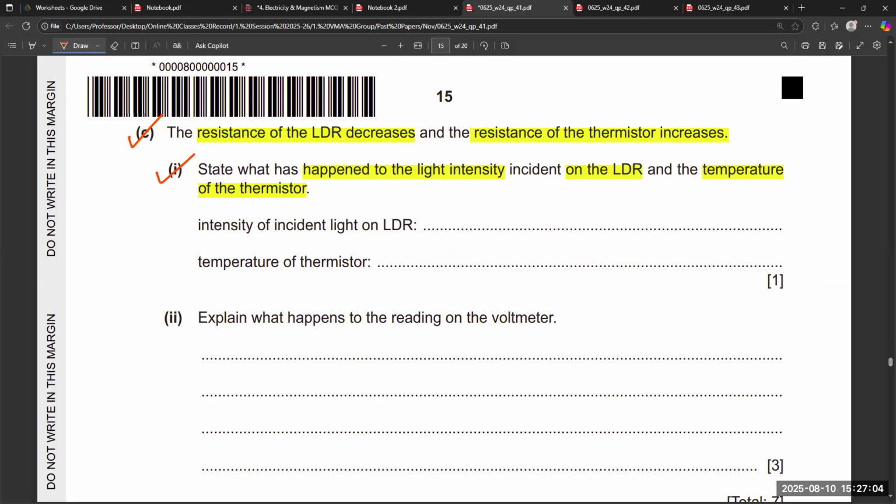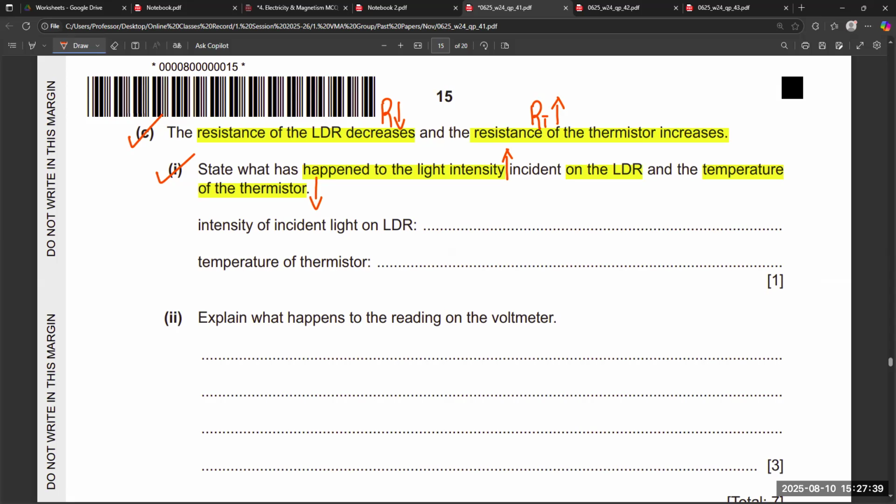So resistance decreases for LDR and resistance increases for thermistor. When resistance decreases, light intensity increases because both are inversely proportional. And when the resistance of the thermistor increases, the temperature of the thermistor decreases because it is also inversely proportional.